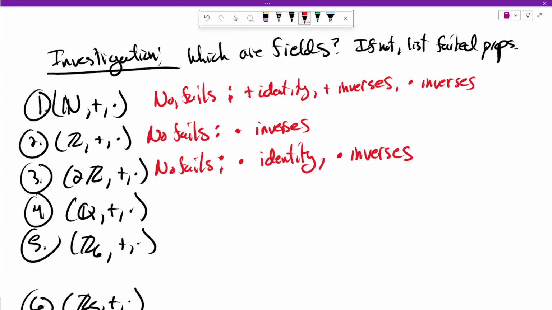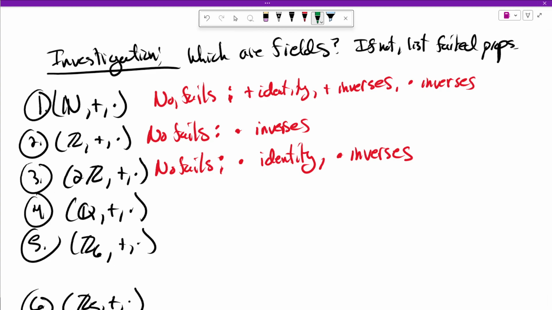Is Q with plus and dot a field? Well, addition's associative, it's commutative, there's a 0 fraction, it's 0 over 1. It has inverses, right? The inverse of a over b is negative a over b. So that's all okay.